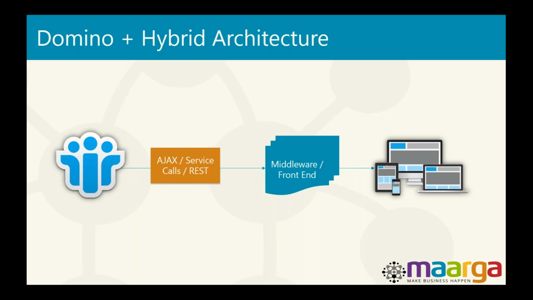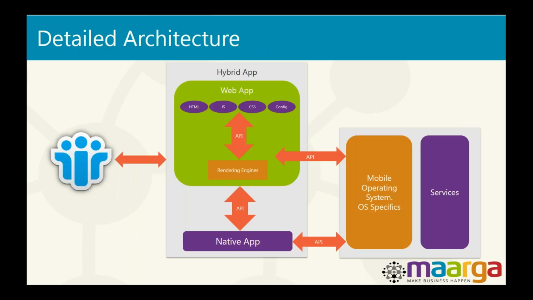If there is a form that is created with the DXL, we get those design parameters of the Lotus scripts and initiate that, get the response to the front end middleware and execute that in the front end to the people. That is how the Domino plus the hybrid application collaborate together. So we leverage the maximum of the Domino by using the requests that we are sending into the Domino.